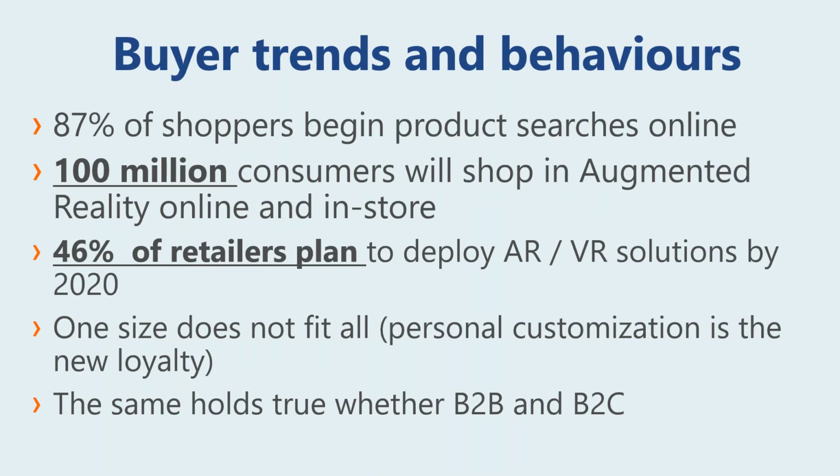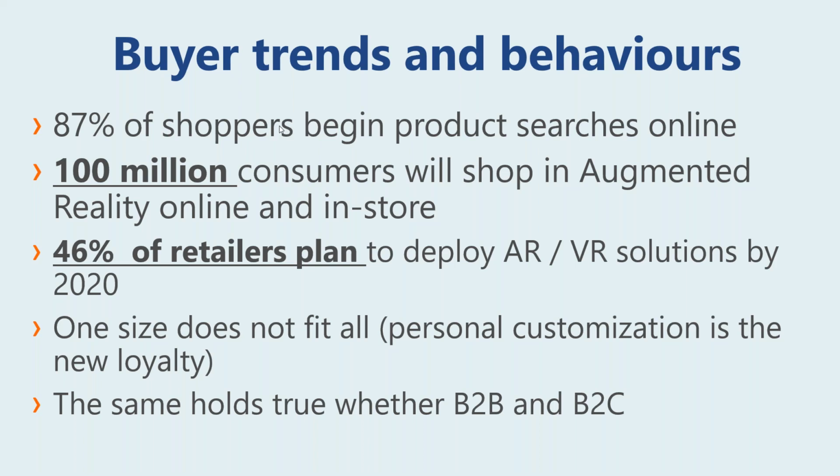So in terms of upcoming trends, if you go on to Google or some of these other media websites, what you'll hear a lot of times is 87% of shoppers, probably more, begin product searches online. So before they buy, they hit Google and they search, and that's both for people that are looking for running shoes or pump assemblies.